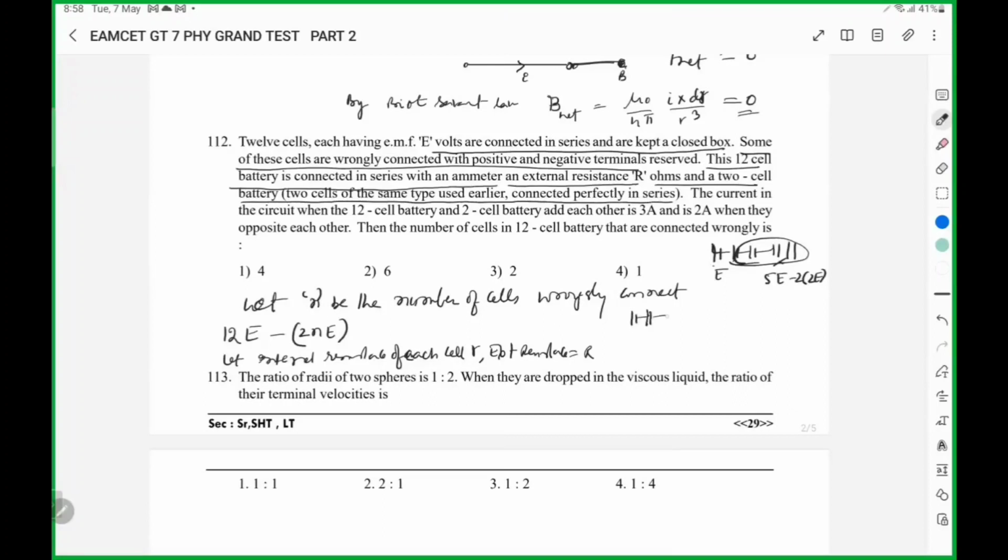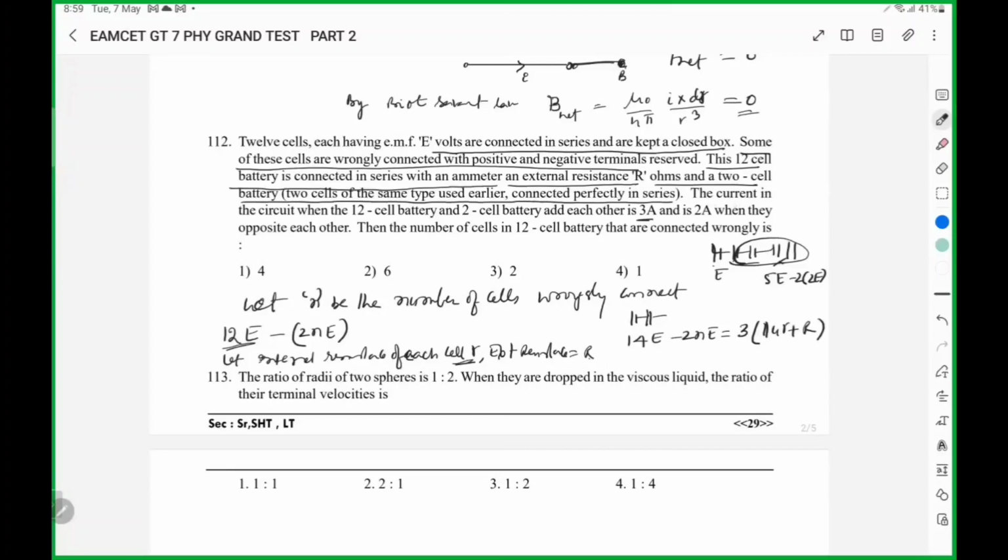So these are connected again to this entire system in series. Net EMF will be this. And in this case, 3 amperes, 3 into the effective resistance. Here it is 12 r, another 2 cells, 14 r plus capital R.